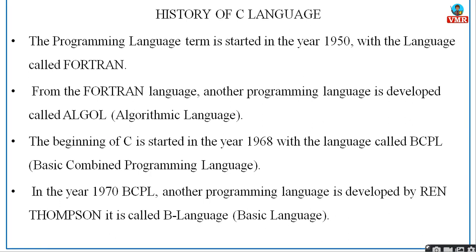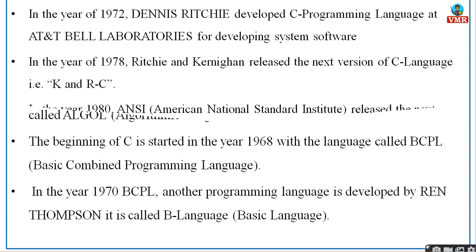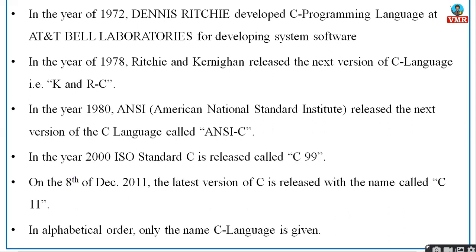From Algol, they made some modifications and started with the new programming language, the Basic Combined Programming Language. From that BCPL, they extended to the B language, right? From that, Dennis Ritchie extended it to the C programming language at AT&T Bell Labs, which is in the US, right?